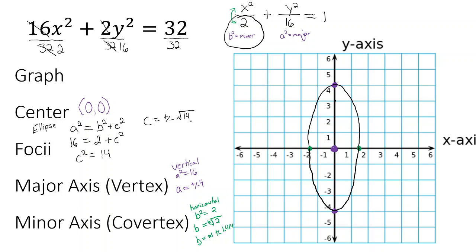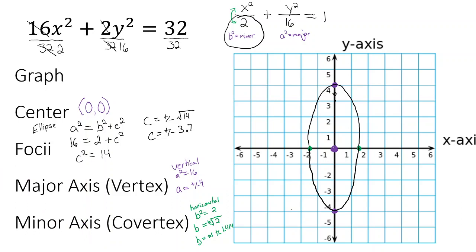which is actually very close. It's going to be very close to our major axis points. So if we take the square root of 14 and try to find out what that is, I hit the button wrong. Square root of 14. Okay, 3.7. So c equals plus or minus 3.7 approximately.